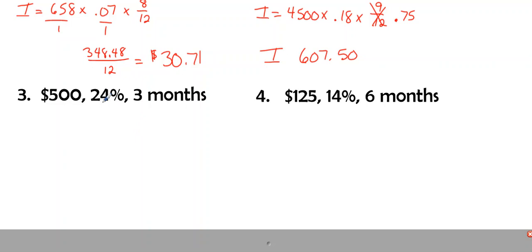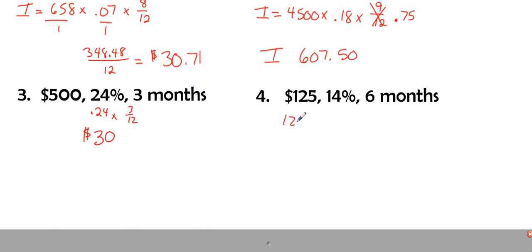All right, so this one, that is a lot of interest there, guys. I mean, a lot of percentage there. Okay, so for just 3 months, you would have paid $30 in interest. That's 500 times 0.24 times 3/12. Okay.